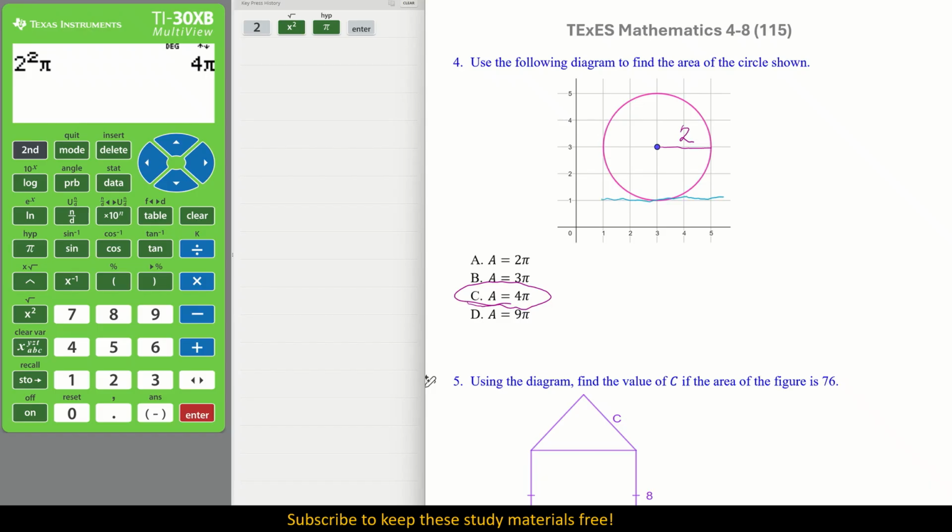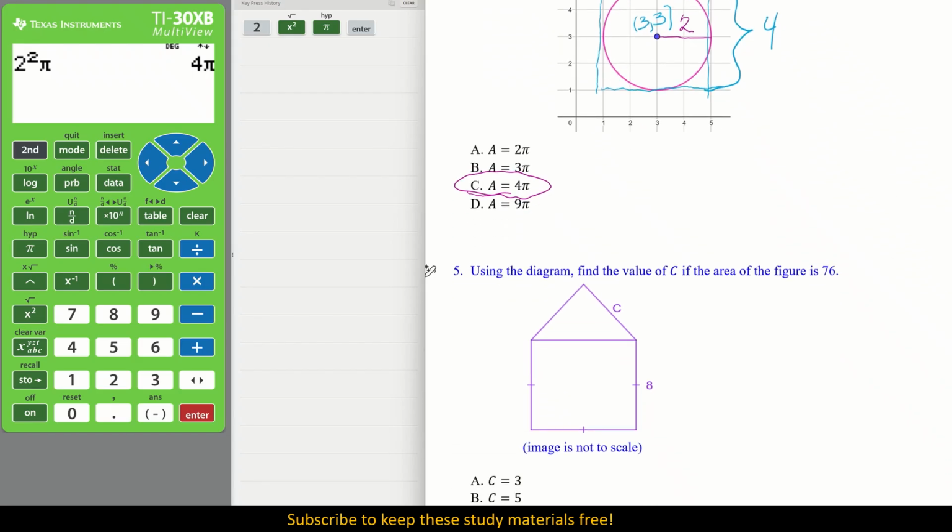They might actually put it in, let's say, a square and present it a little differently instead of in this diagram and just give you the center of the circle as 3, 3, but the side length of the square is 4. There's a variety of ways to ask this, but you need to know it. Don't forget that if you forget your formulas, this formula is on your formula sheet.